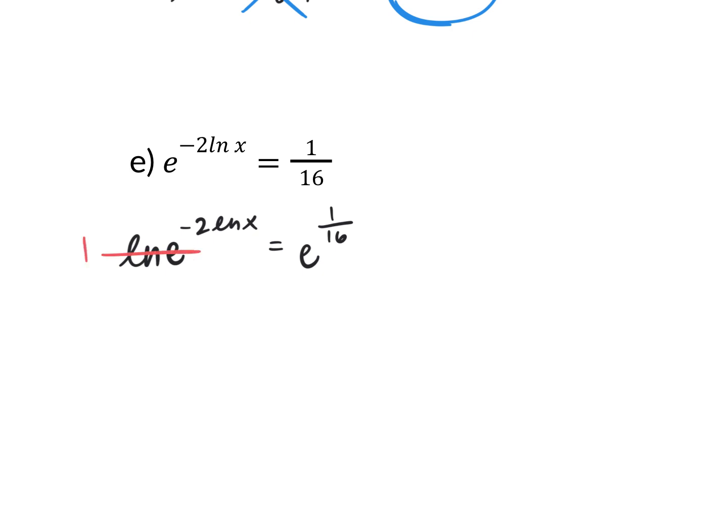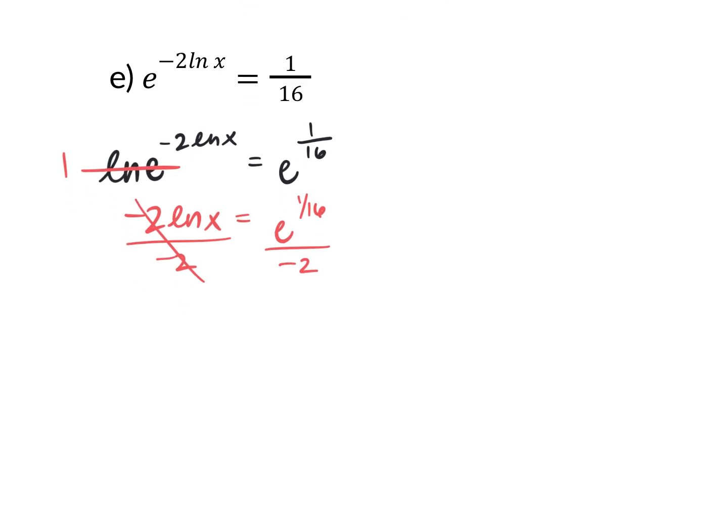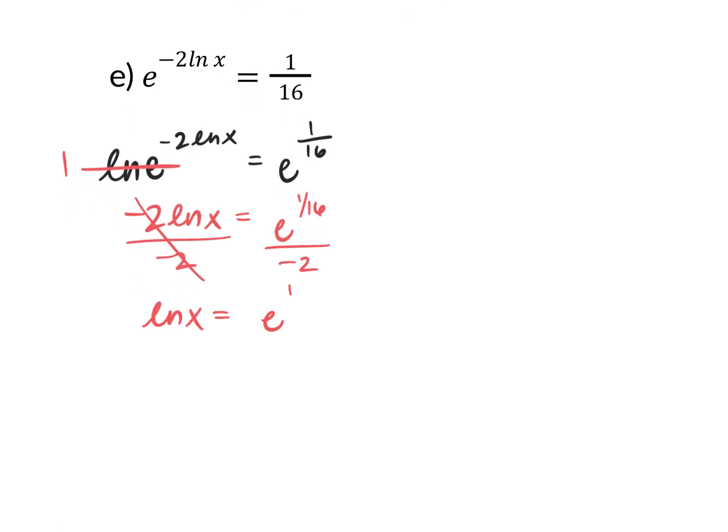So we're left with negative 2 times the natural log of x equals e to the 1/16th power. And I need to divide by negative 2. So now we have the natural log of x equals e to the 1/16th all divided by negative 2.